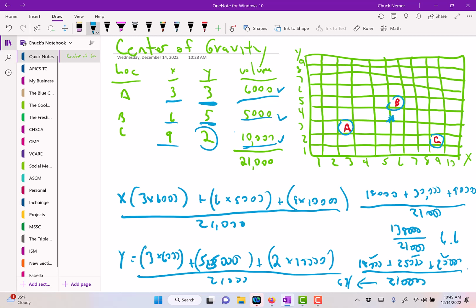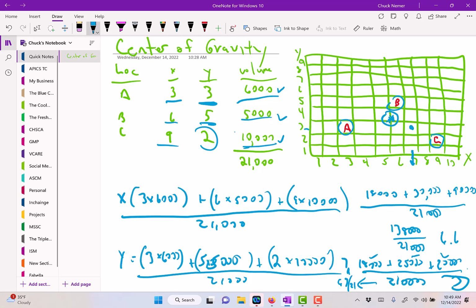So 63 divided by 21 gives us 3. So my weighted coordinates: on the x-axis, it is roughly 2, 3, 4, 5, 6.6. So it's about right here. And 3 on the other one. So it's actually about right here instead of right here. So this is a center of gravity based on volumes.